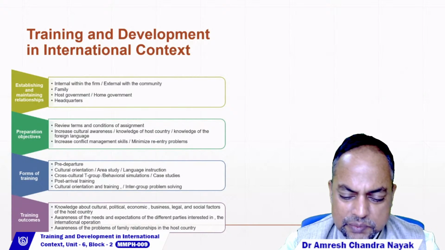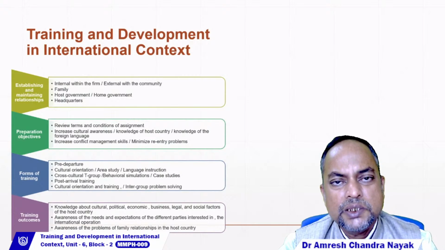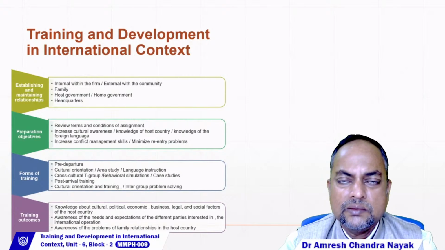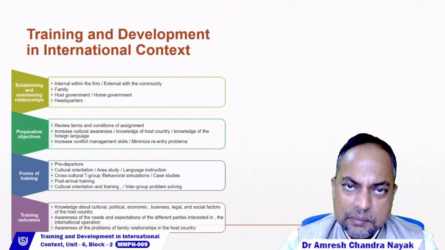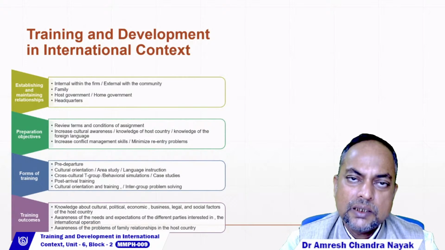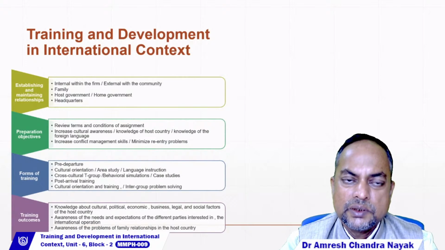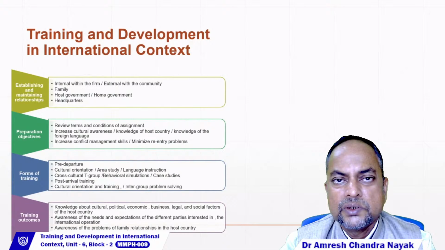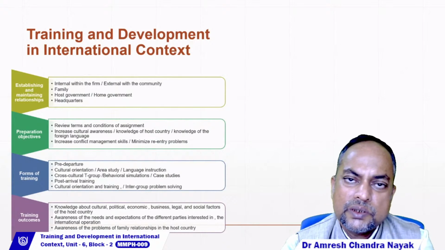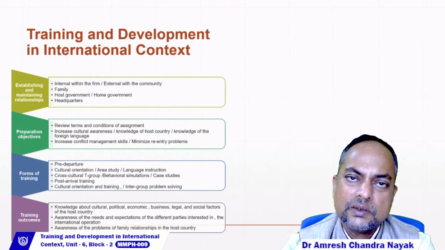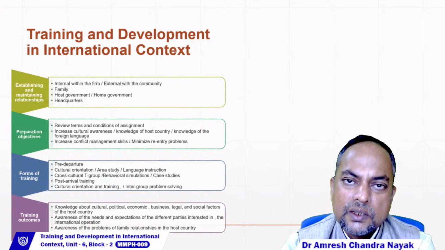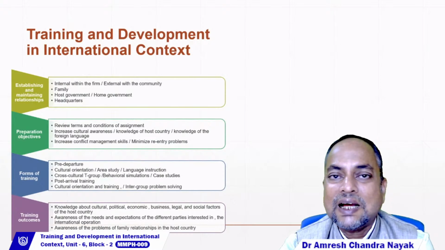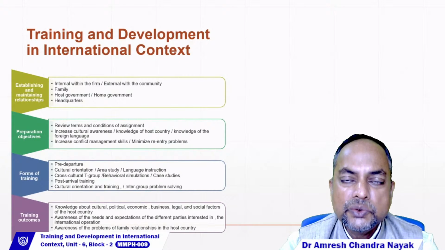Now, the objective of the training program is to ensure that people in the long run can accommodate and adapt themselves to the host country culture, making the international assignment a success. Like in our previous class, we have understood that most people go through four different phases. The first phase is the honeymoon, where people have excitement about the new culture.